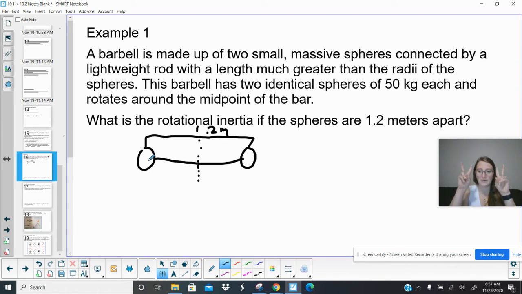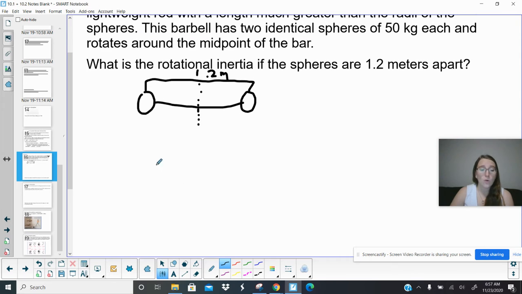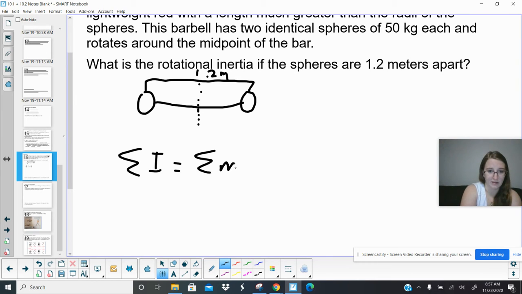Whenever they talk about being a distance apart, we are referencing the center of the mass to make it easier to simplify. So if here's my center of rotation, but this whole thing is 1.2, we are going to add together their individual inertias. It's going to be the summation of the mass times the radius squared, and this is going to be our answer.